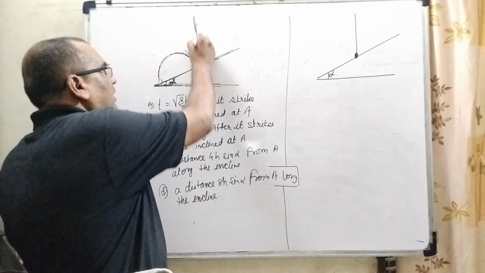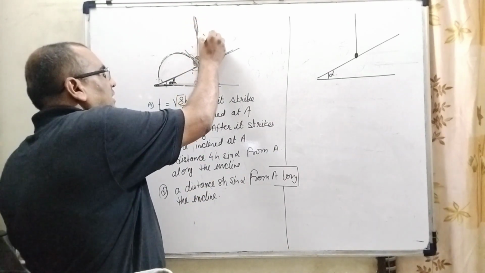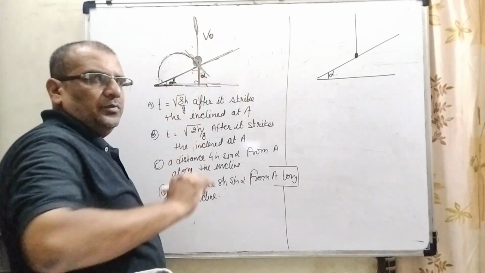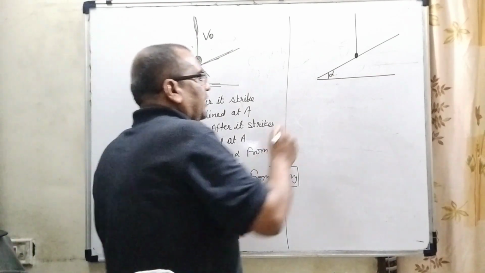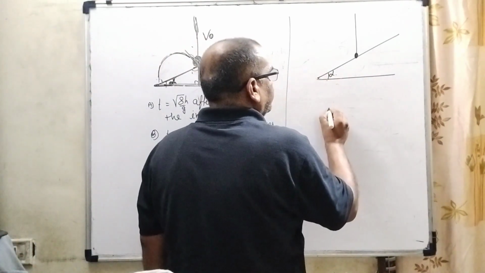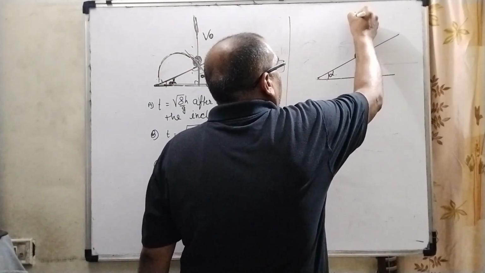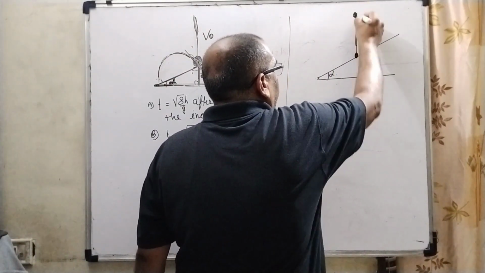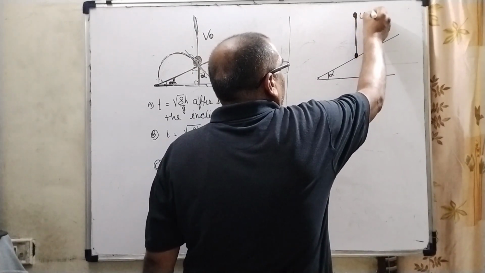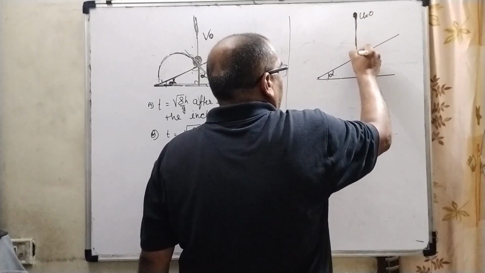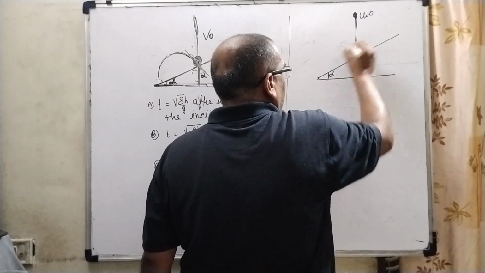Here let us consider the velocity as initial velocity v naught. Then this ball is falling down, its initial velocity is 0, and before striking, its velocity is v naught.